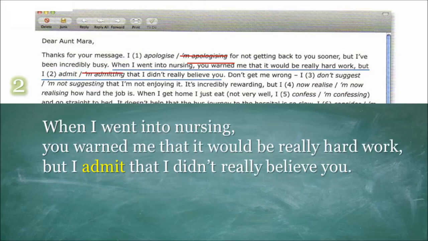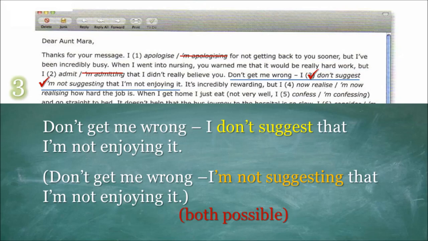When I went into nursing, you warned me that it would be really hard work, but I admit that I didn't really believe you. Don't get me wrong, I don't suggest that I'm not enjoying it. Don't get me wrong, I'm not suggesting that I'm not enjoying it. Both possible.